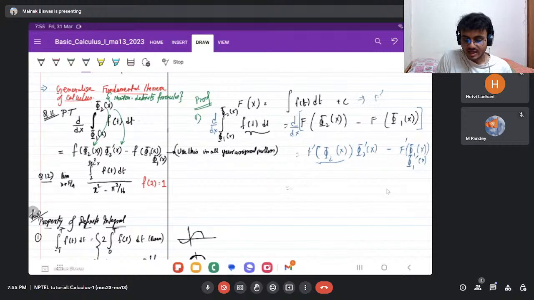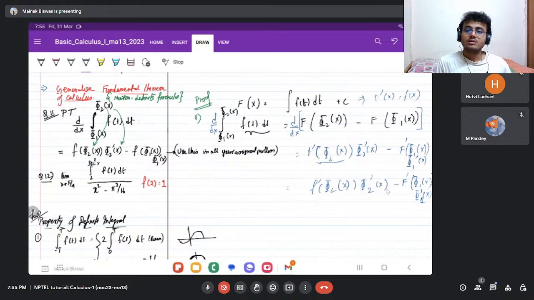So F dash x is f(x), as we have seen before. So it's f of phi 2 of x times phi 2 dash x, and so on. Now when you'll be solving questions, you will tell me how useful this is. This is such a powerful result that you can use it everywhere. Proved? Yes, sir.